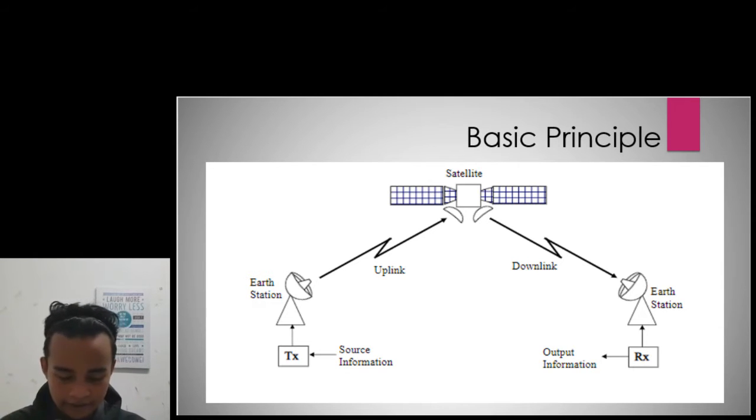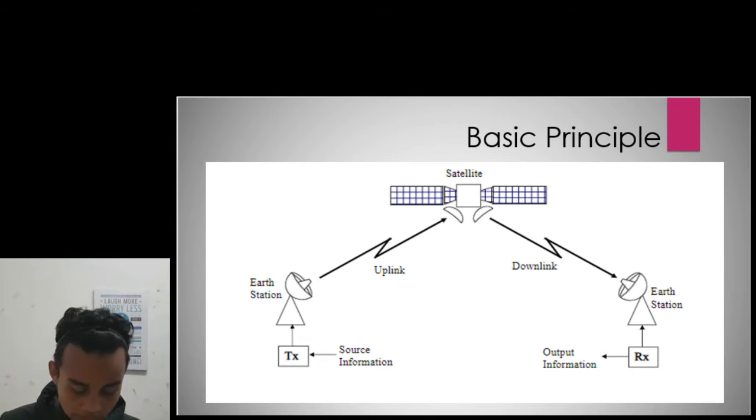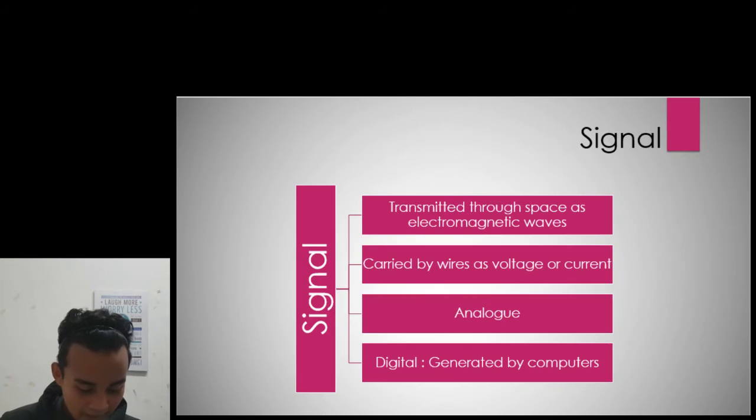The satellite then transfers it to another station, which is station B. We can call it output information. This process we call downlink. Yes, downlink. Okay, that's the basic principle.